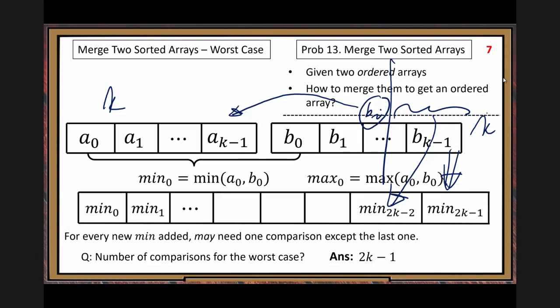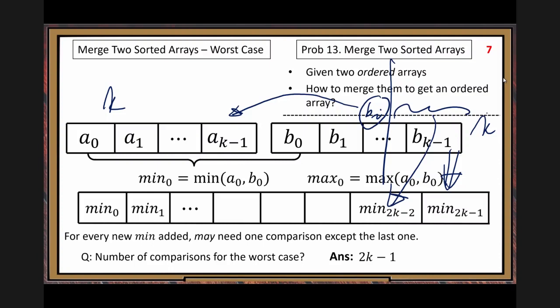The number of comparisons is just the total number of elements minus 1, because for the last element we do not need to do a comparison. So that is 2k minus 1. Here is the summary: when we merge two subarrays, the worst case number of comparisons is the total number of elements minus 1.